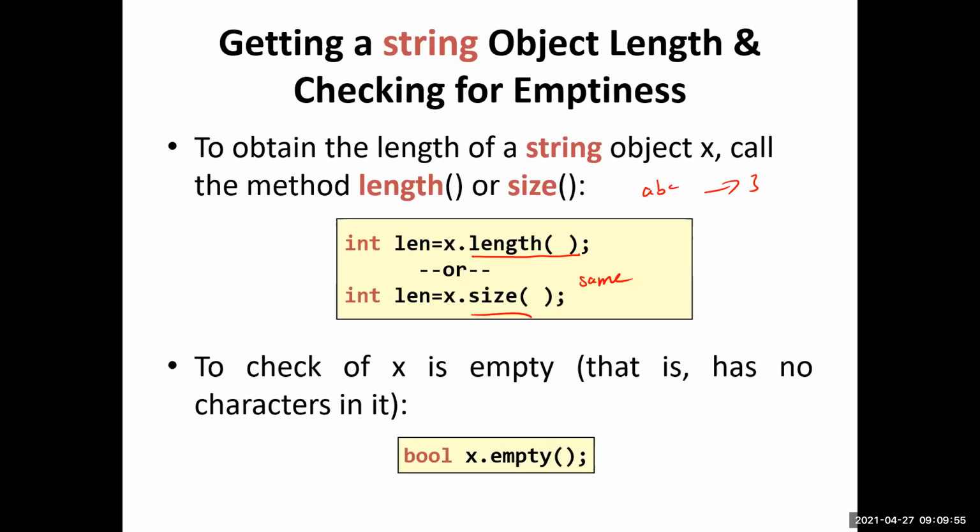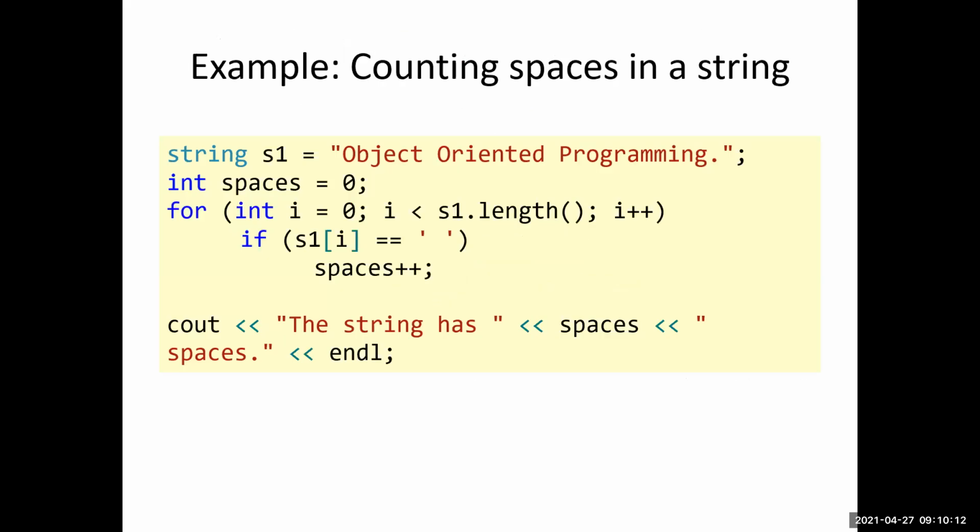Or you can also use the if condition with their ASCII code, right? You can check from the ASCII table what is the code of 0, what is the code of 9, and then you can check whether your character is lying within that range. So you can extend this program to count many useful things within a string, right?